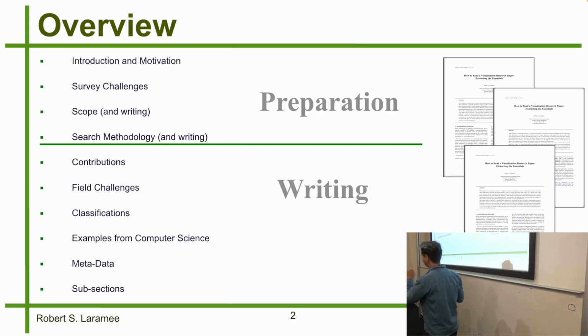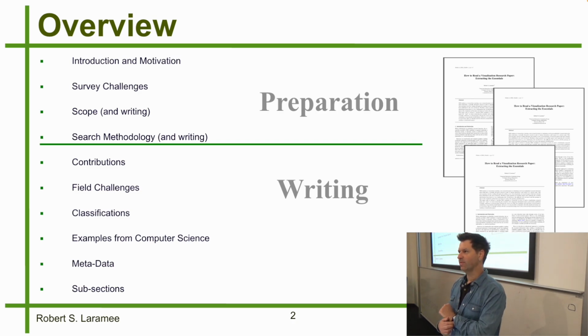It's more of an agile process. It's not just follow these steps. It's more like iterate these steps. Hope that makes sense. So these are the different activities that we're going to talk about. Some of them are preparation oriented and some of them are writing oriented.